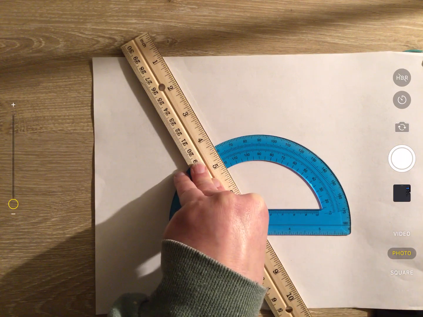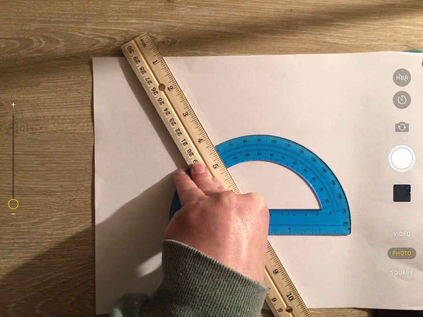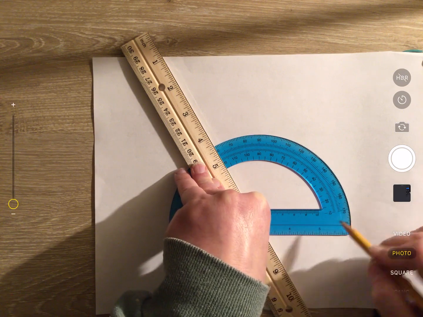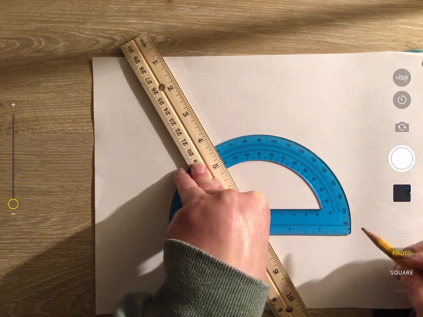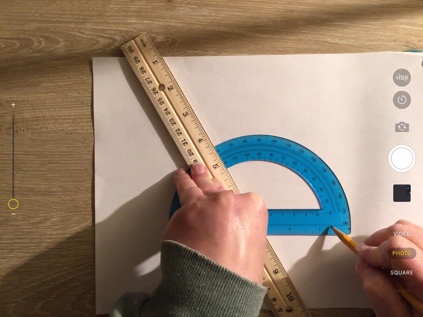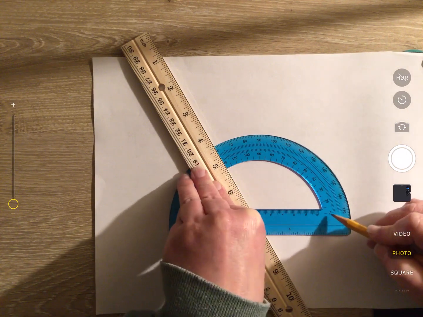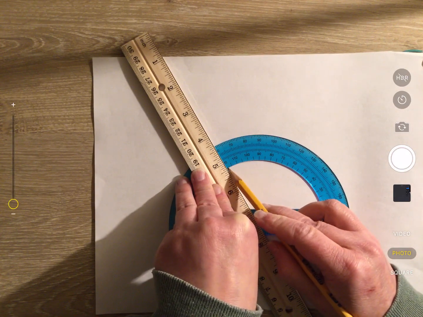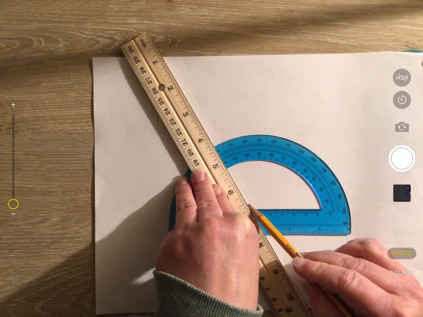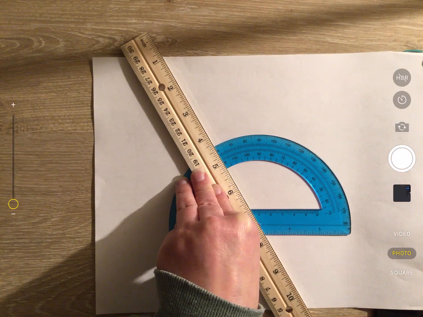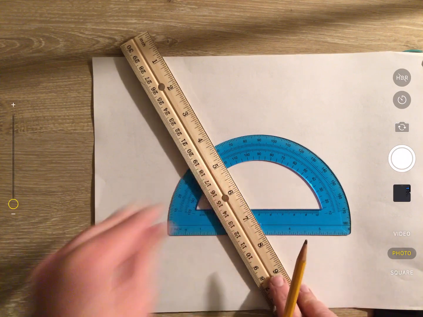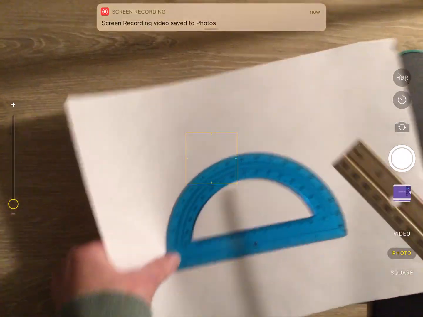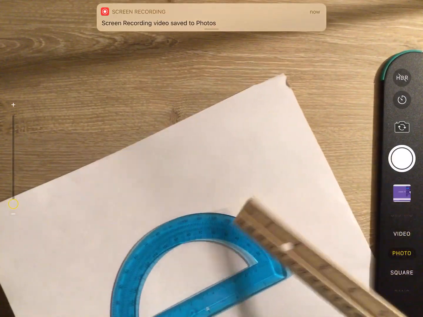So 180 and 0 are the same on a straight line, just depends on what you're starting at. So we're starting at 0 on this side, so then we have to go up 10, 20, 30, all the way up, and it looks like 120 degrees. So this angle right here would be 120 degrees. Okay? So, back to our regularly scheduled program.